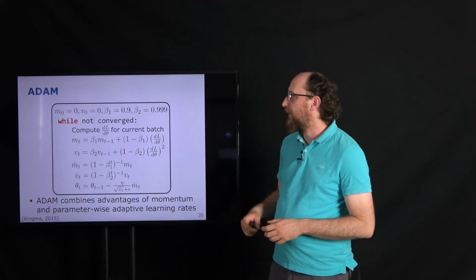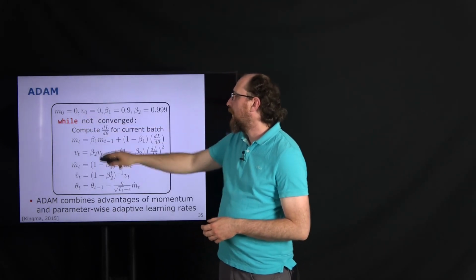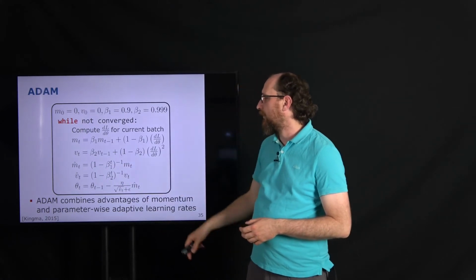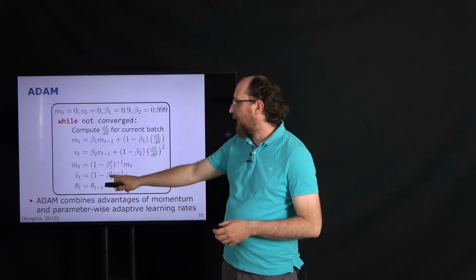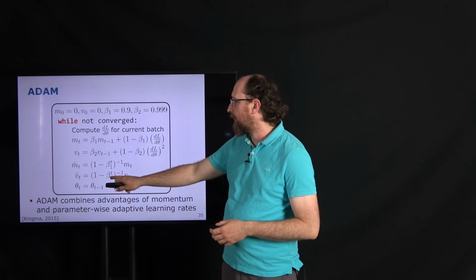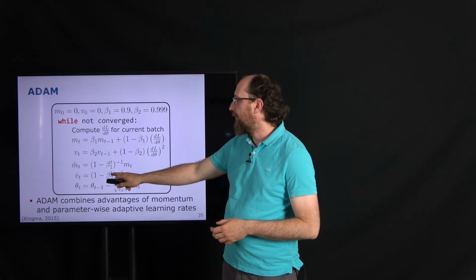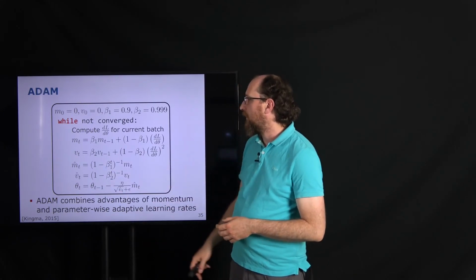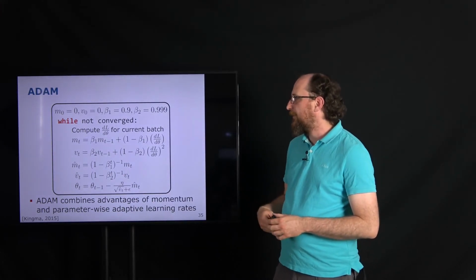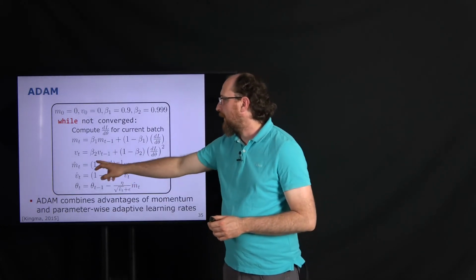So in the beginning we have just the mean 0 and the velocity 0, and this means that we are here correcting by this. And important to note is that this is an exponent t. So in the beginning this is small, and then it is increasing. And therefore over time, when we did a lot of steps, it's basically just 1 in the end.